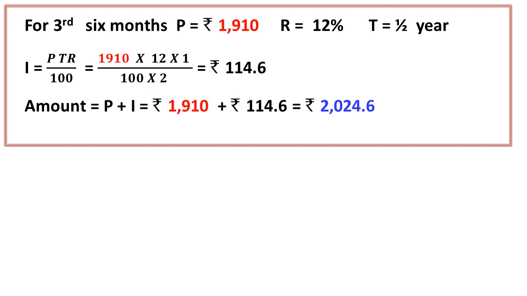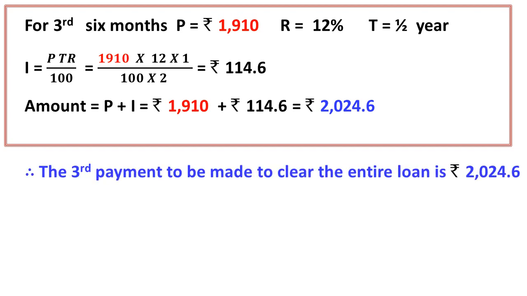Now for the third payment, he has decided to settle his account by paying the complete amount which was due. So the amount calculated at the end of the third 6 months is the due amount which he needs to pay at the end of 18 months, that is his third payment, equal to rupees 2,024.6.